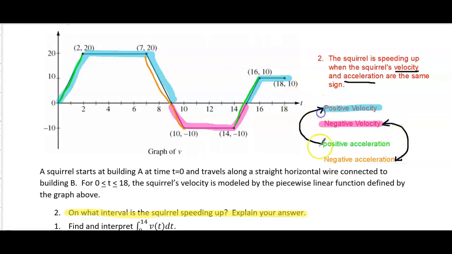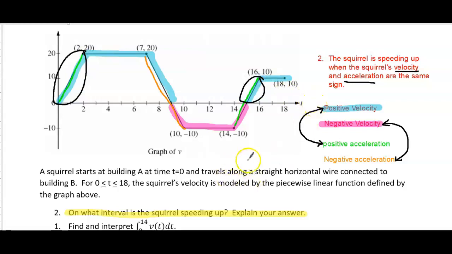So I like doing the color coordinating thing here. It's helpful. So now we can see that the squirrel's going to be speeding up anytime there's blue and green put together. And so right here, the squirrel is speeding up. And also right here, the squirrel is speeding up.